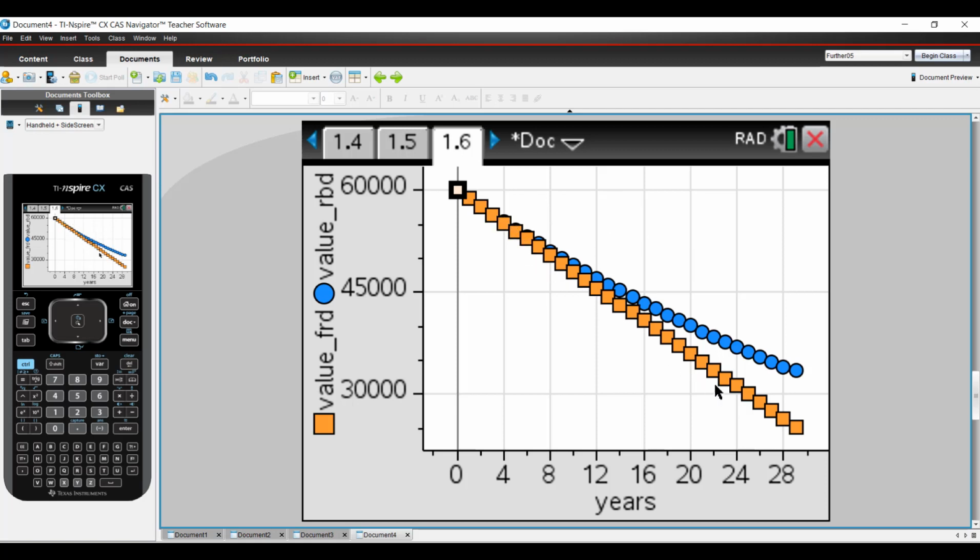It is a flat rate constant gradient. Whereas the reducing balance depreciation is dropping off less and less with each subsequent value in the sequence, because it's only being reduced by 2% of the previous value. You get a curve shape for the reducing balance depreciation and a straight line for the flat rate depreciation.